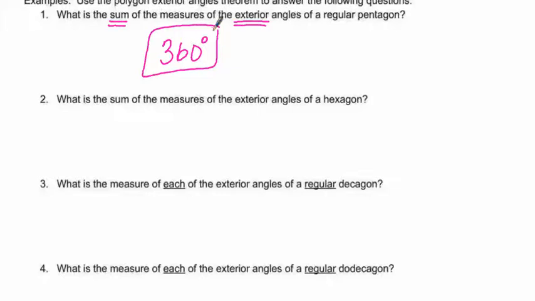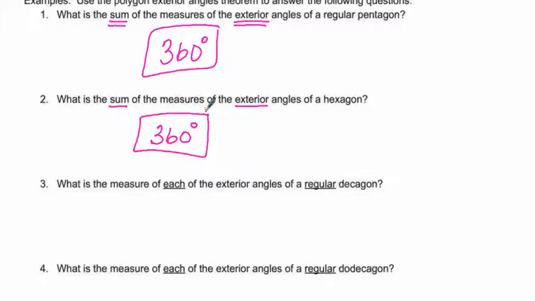Number 2, what is the sum of the measures of the exterior angles of a hexagon? 360 degrees. So if I see the word sum and I see the word exterior, I know it's 360. If I see interior, then I have to go back to the Polygon interior angles theorem.